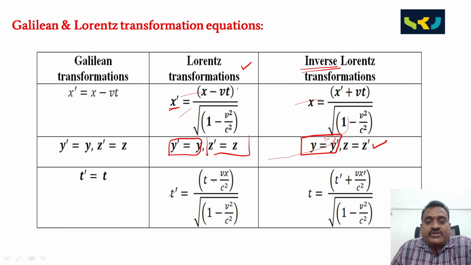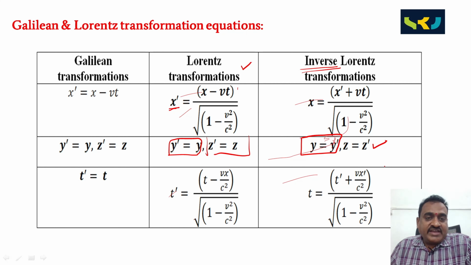T dash is equal to t minus Vx by C square, all divided by root of 1 minus V square by C square, is the Lorentz transformation equation. But in the inverse Lorentz transformation equation, t is equal to t dash plus Vx dash by C square by root of 1 minus V square by C square.